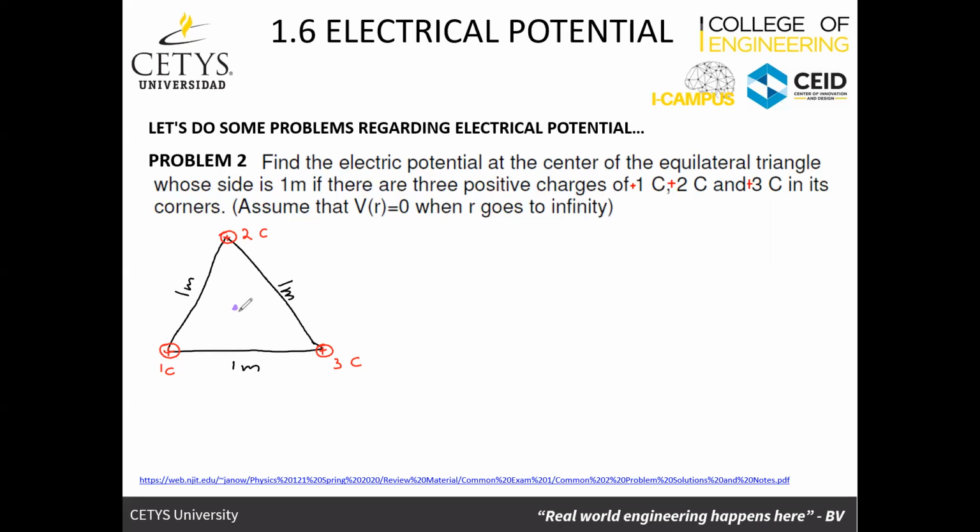So I'm going to give you a couple of minutes to see what you're going to do. Remembering that electrical potential is going to be K multiplied by the charge divided by the distance. We're going to use Pythagoras, like divide the triangle in 2. We're going to have to do some triangles there, maybe find some angles.